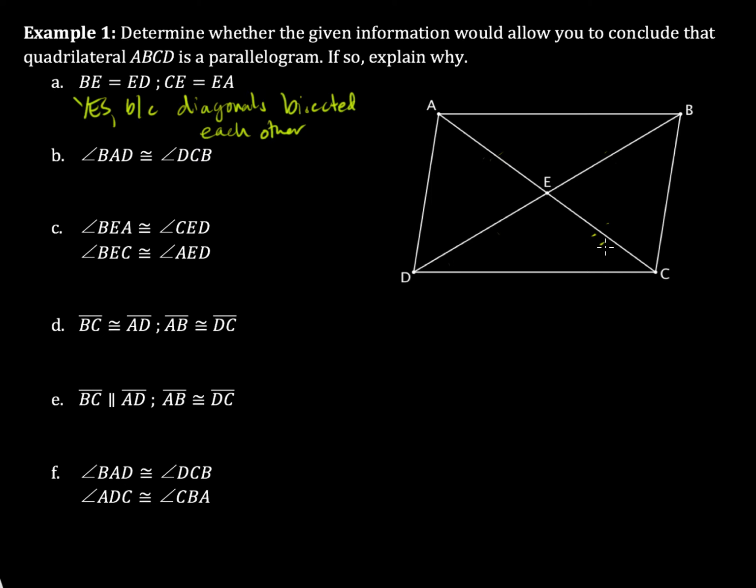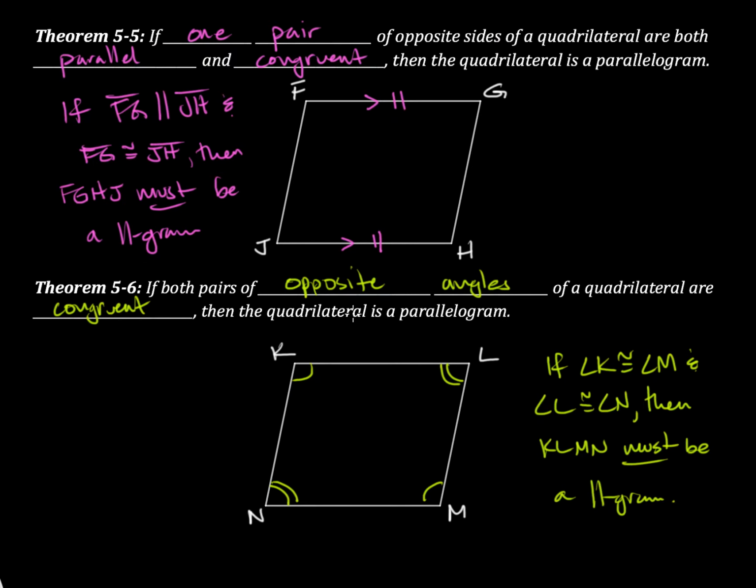In example B, we are looking at angle BAD. BAD is congruent to angle DCB. And with that, is it enough information to say that this is a parallelogram? And you might think, oh yeah, look, we got opposite angles that are congruent, so it's a parallelogram. But if you remember, it wasn't just one pair of opposite angles, it was both pairs, right?